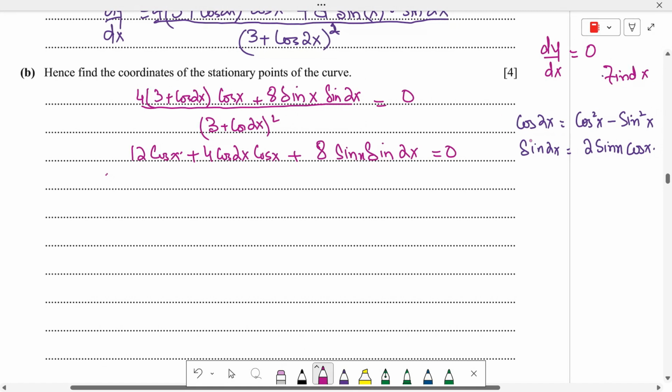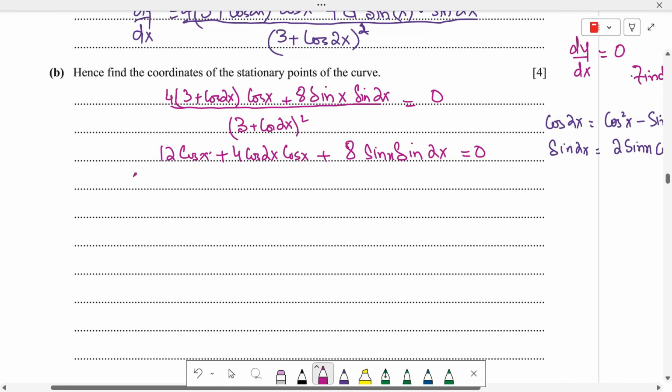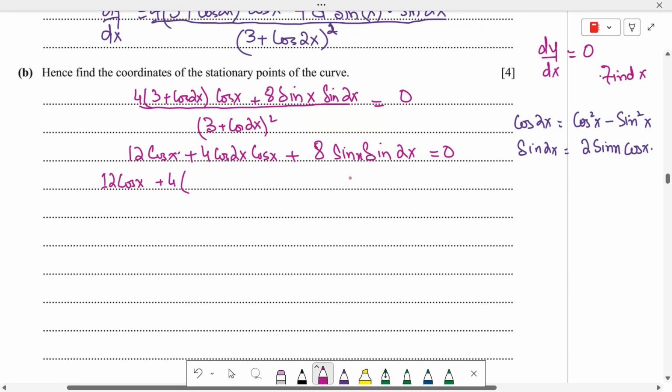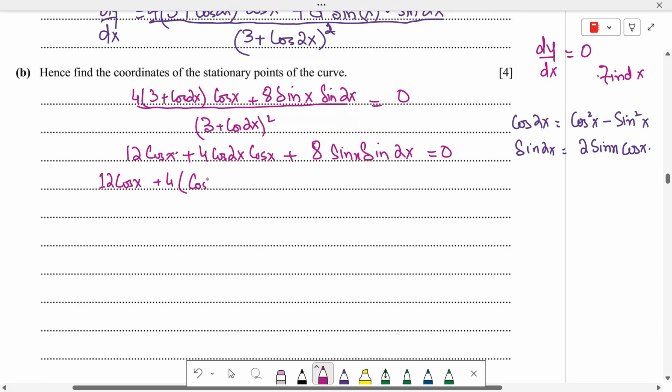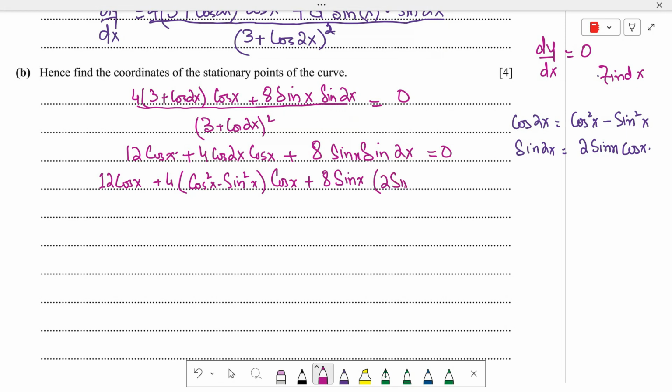When we plug these identities into this equation, we will have 12 cos x plus 4 times (cos squared x minus sin squared x) times cos x plus 8 sin x, and sin 2x is 2 times sin x cos x, and this is equal to 0.